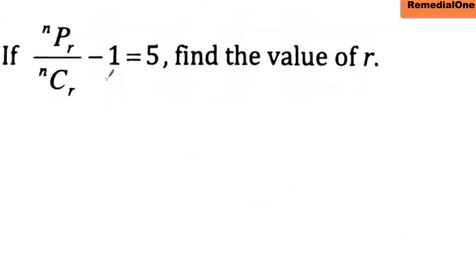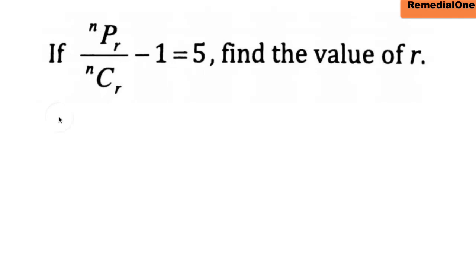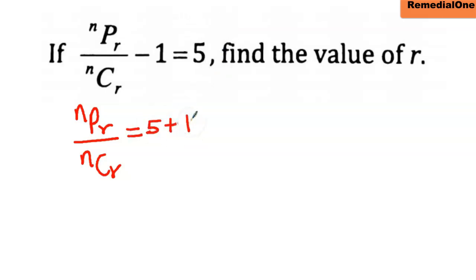So next we have, if nPr over nCr minus 1 is equal to 5, find the value of r. So first let's rewrite this one. nPr over nCr is equal to, we can send 1 to 5 plus 1.